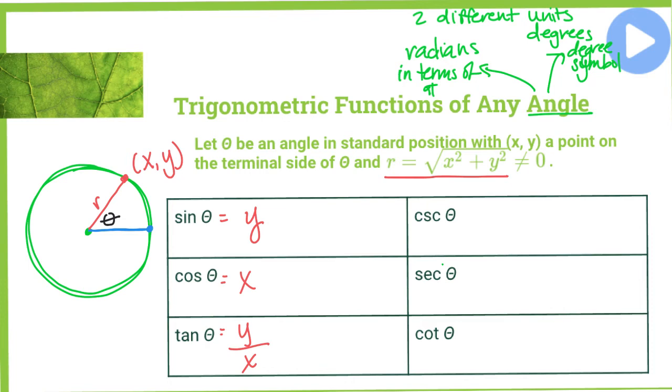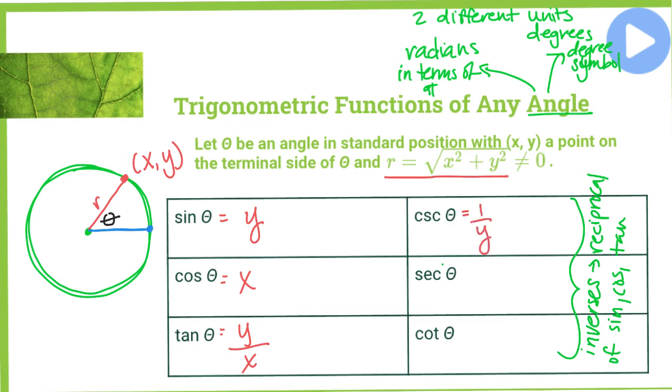Now, cosecant, secant, and cotangent, these are the inverses. In order to find them, all we have to do is find the reciprocal of our three basic sine, cosine, and tangent functions. So instead of sine theta being y, cosecant theta is going to be 1 over y.